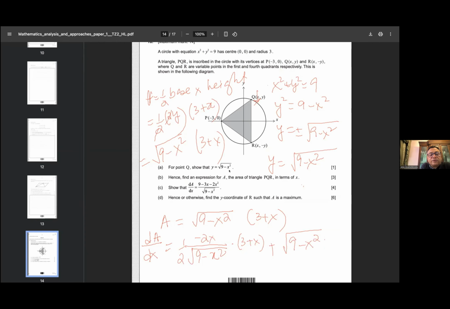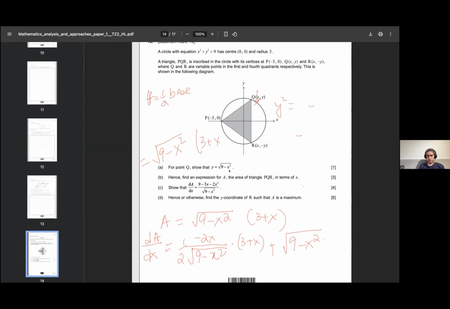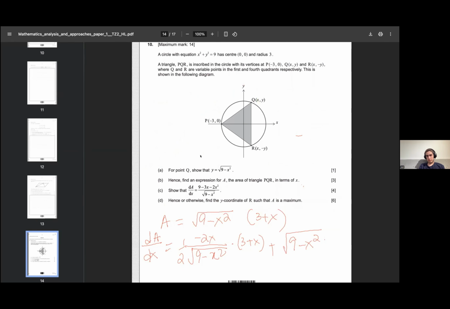So that becomes the derivative. We can take the square root of 9 minus x squared in the denominator as common and cross multiply on the top. Simplify: the 2 and 2 cancel, so minus x times 3 plus x, plus the square root squared, which is 9 minus x squared, over the square root of 9 minus x squared.